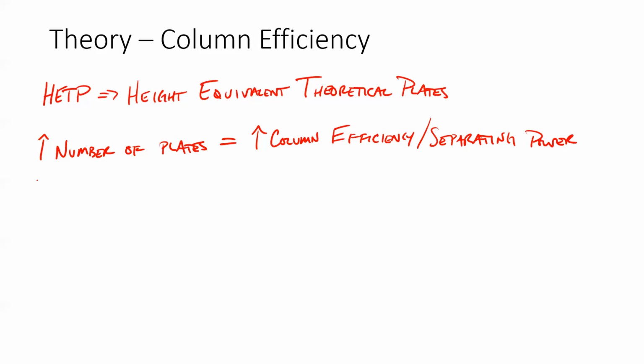But also when we increase the number of plates, we're not actually changing anything in our instrument, right? So the length of our HPLC column stays fixed at 15 centimeters or 25 centimeters or whatever it is. And so if we increase the number of plates by altering some other factors, then we're actually decreasing the height of that plate, right? And so the number of plates is equal to the length of our column divided by the height of the plate.